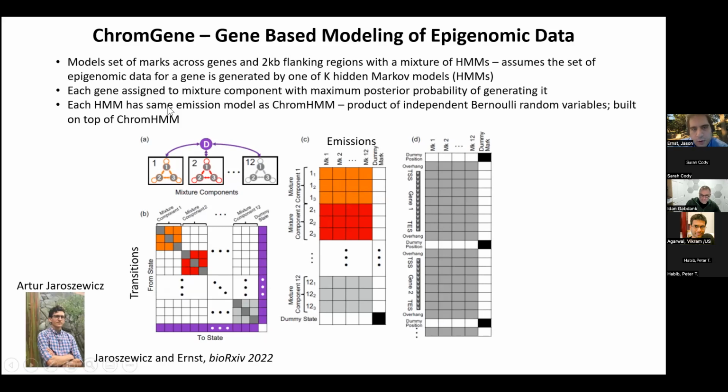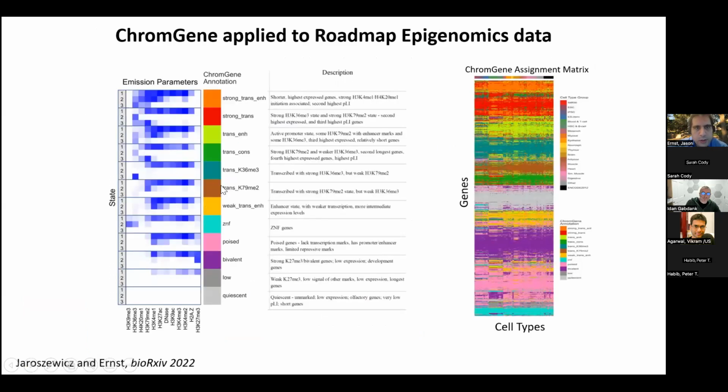The emissions are modeled the same way as ChromHMM, based on a product of independent Bernoulli random variables, and this approach is built on top of ChromHMM. This shows an example where each of the big 3 groups corresponds to a different mixture component, and each of the individual rows corresponds to one of the substates.